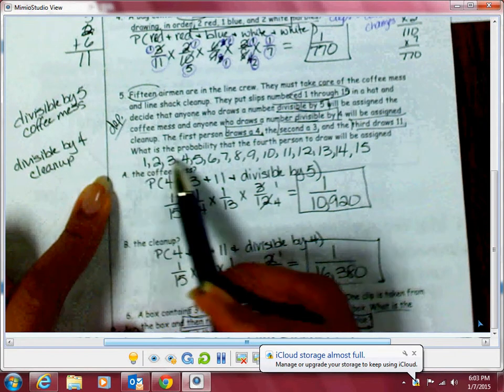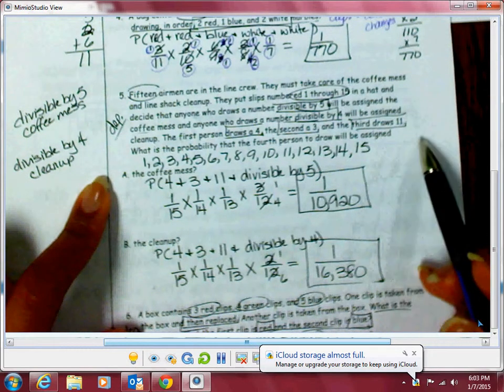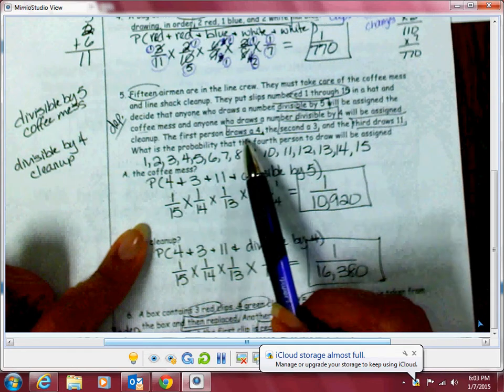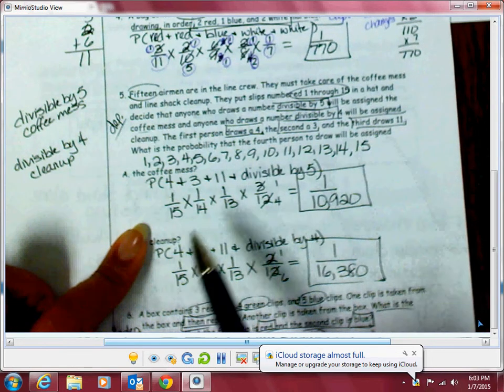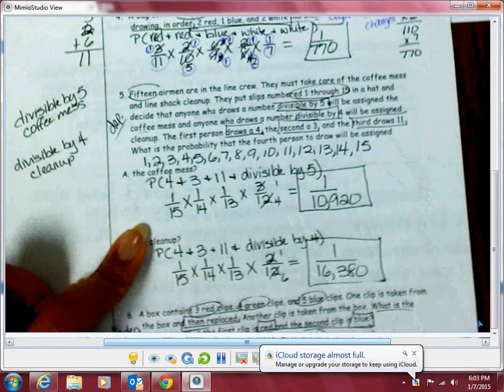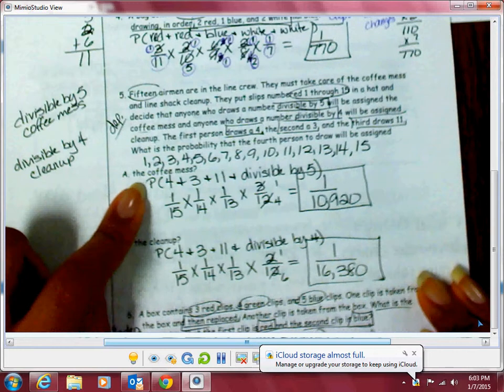So we listed out our sample space 1 through 15. And then we went and did the probabilities. It said the first person draws 4, the second draws 3, the third draws 11. And now we're trying to find the probability of what the fourth person is going to get. So the first one, the probability that the fourth person got the coffee mess.